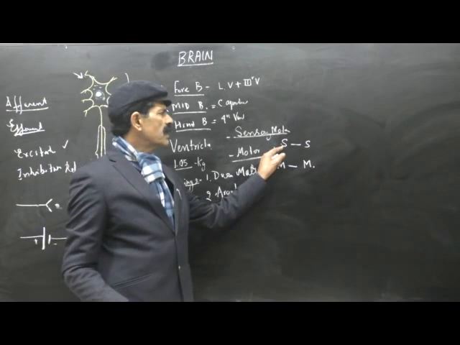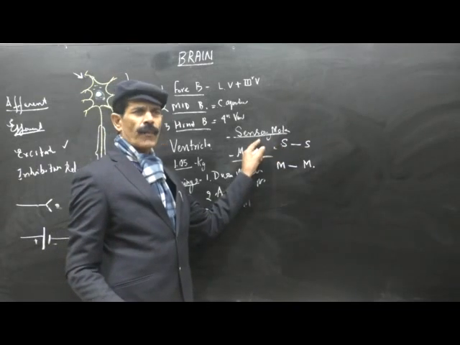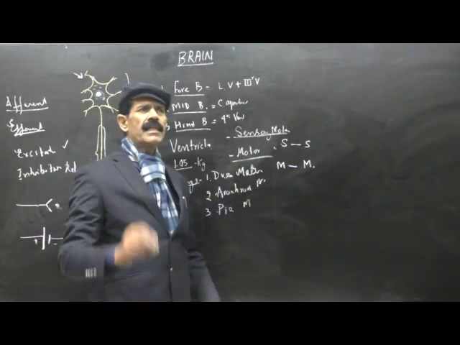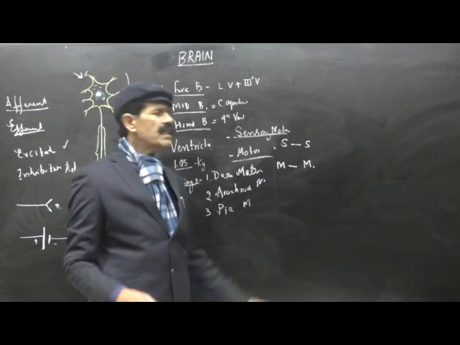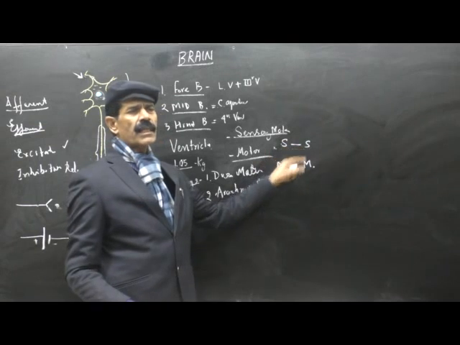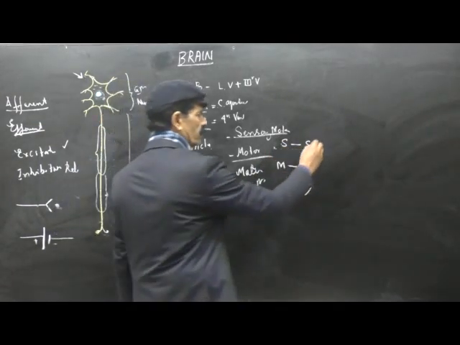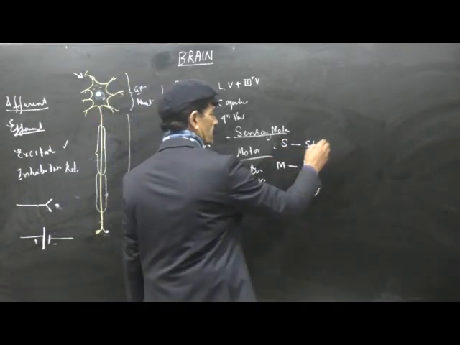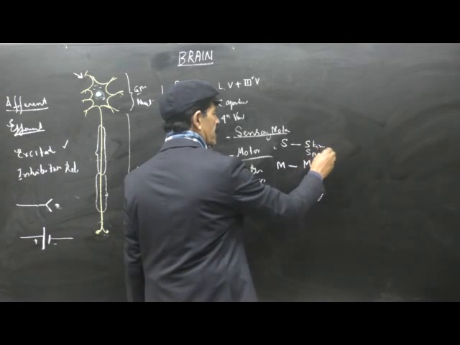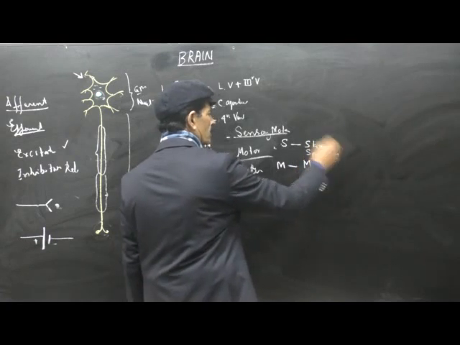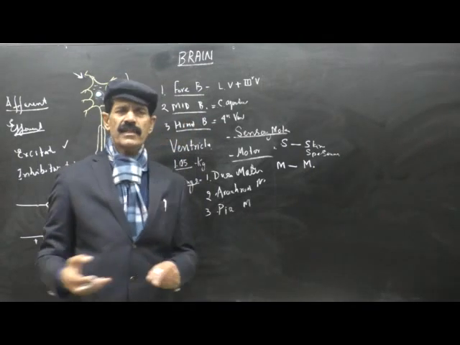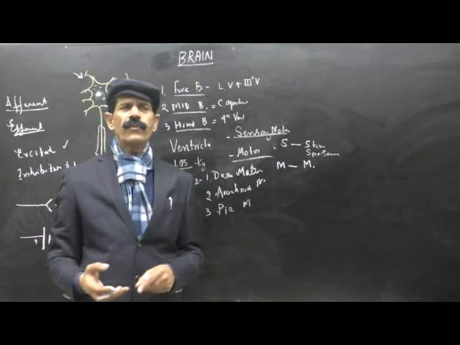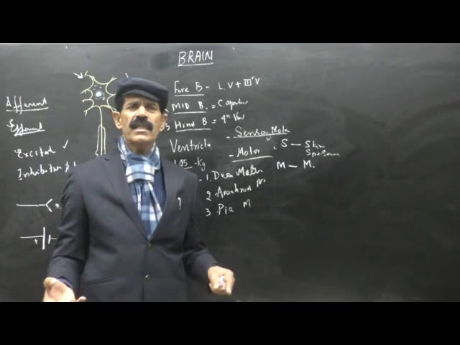Sensory means any nerve or any part of the brain labeled as a sensory part, or a sensory neuron, will start from the skin or some special sense organ. So sensations are general sensations or special sensations. There are 4 general sensations and 4 special sensations.